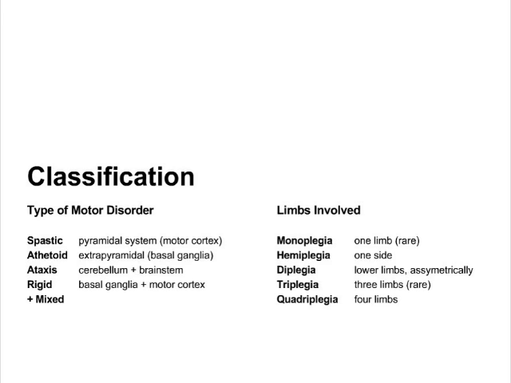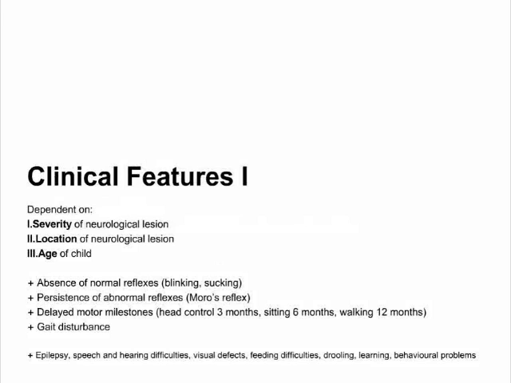The clinical features of cerebral palsy are dependent on multiple different factors, most notably the severity of the neurological lesion involved, the location of the lesion, as we just saw, and the age of the child at presentation, which does as well relate to the severity of the lesion. This means that there is a spectrum of clinical findings dependent on these three factors.